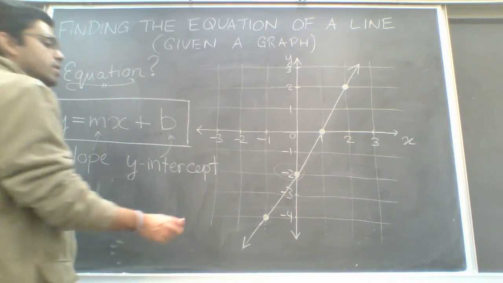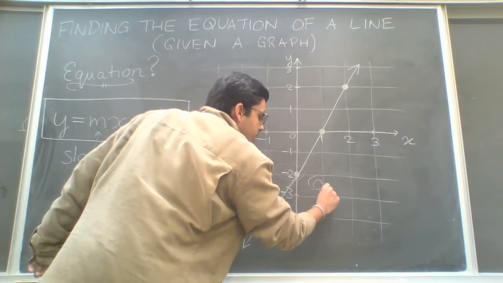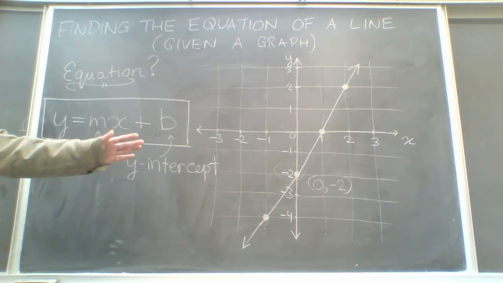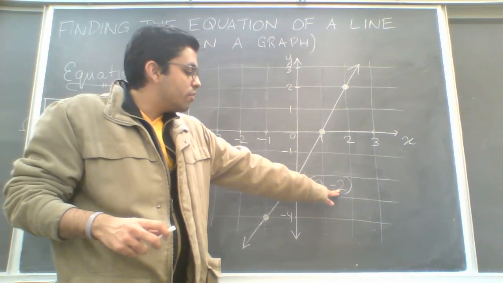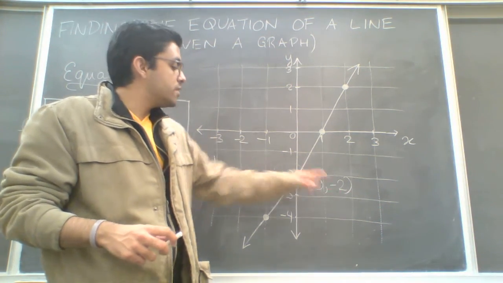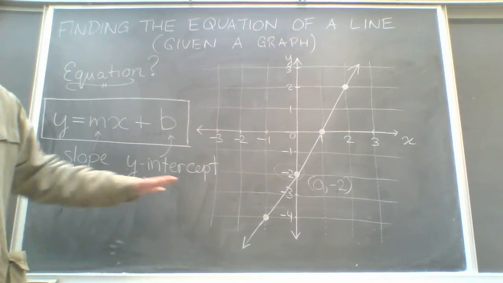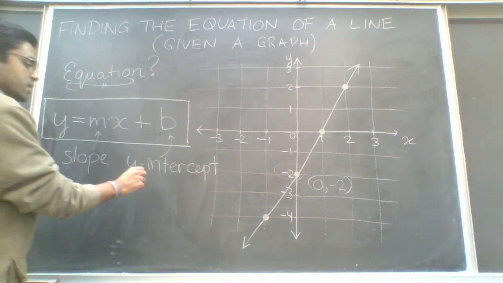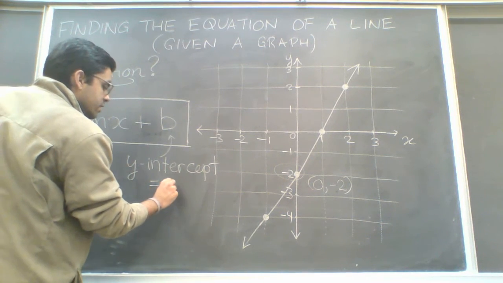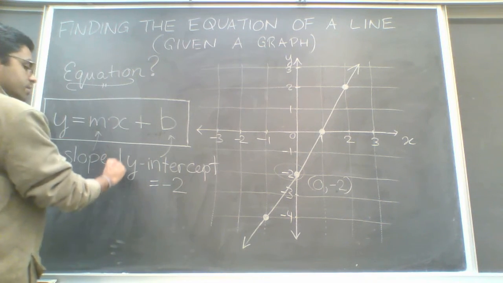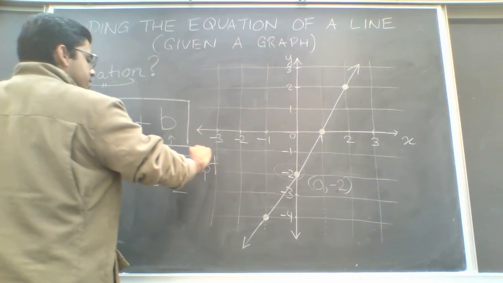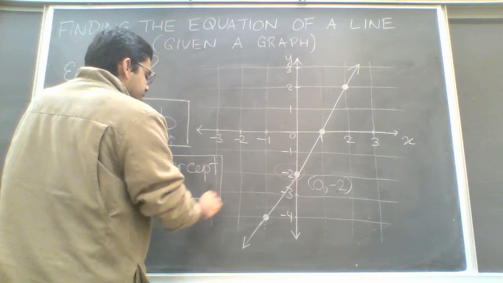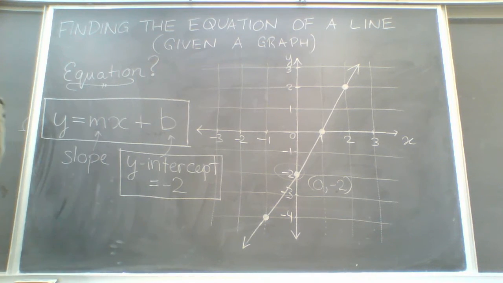So this is at the coordinates 0, -2. And if your x-coordinate is 0, whatever that y value is, that is your y-intercept, as long as your x-coordinate is 0. So that tells us that our y-intercept is equal to -2 in this particular question. For this particular graph on the right, our y-intercept is going to be -2.